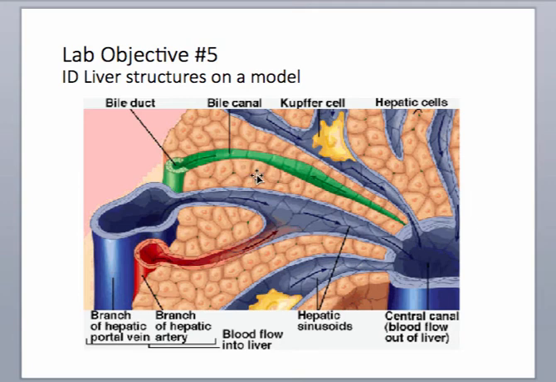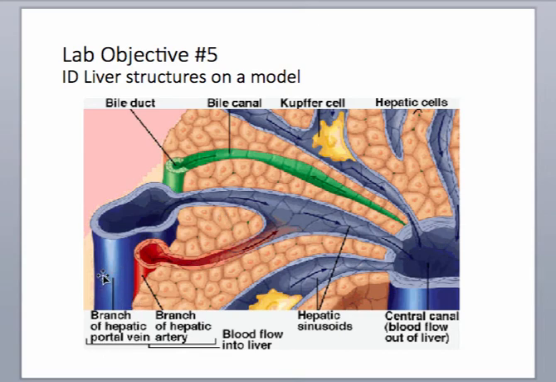And there is a central canal or central vein and has sinusoids that flow into it. Coming into the liver, however, are the hepatic branches of the hepatic artery. Now this is important because this is going to bring oxygen-rich blood to the liver so that the liver actually has nutrients and energy for itself to use.